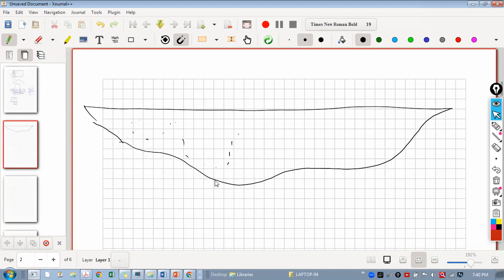Actually the natural ground level is like this, and we are filling soil here. The filling may be 1 meter, 2 meter, 3 meter, or we don't know. Let's say 3 meters of soil is filled here, and then we provide foundations. This foundation is resting on the infilled soil. Let me assume this as 5 meters, for example.